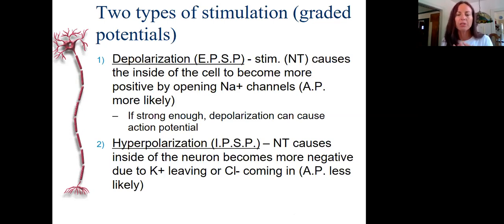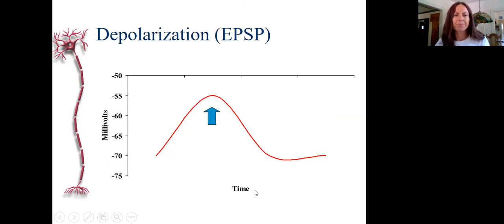This can happen in two ways: either potassium leaves the neuron, or chloride starts coming in. When we hyperpolarize, we're getting away from the action potential. It's inhibiting the neuron, and the neuron is going to be more likely to stay at rest. So the brain works through excitation and inhibition. We'll see how those two come together and cancel each other out sometimes in chapter 3.